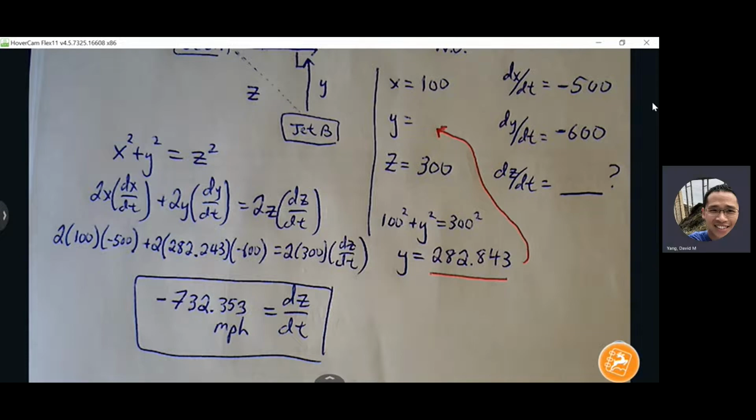So if you're good with number 5, go to page 5 and start trying number 1. And your homework is going to be page 5 and 6, 1 through 4.